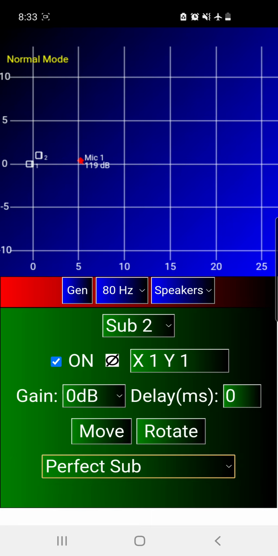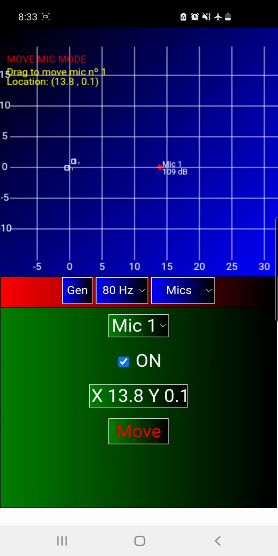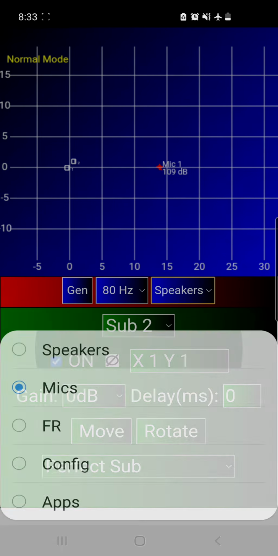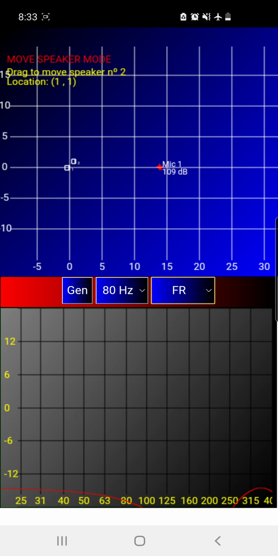First, I'm going to put the microphone a little bit farther from here, okay? And I will start moving the speaker, and I will understand things, because when I move this speaker, I will see the frequency response in real-time change while I move the speaker.